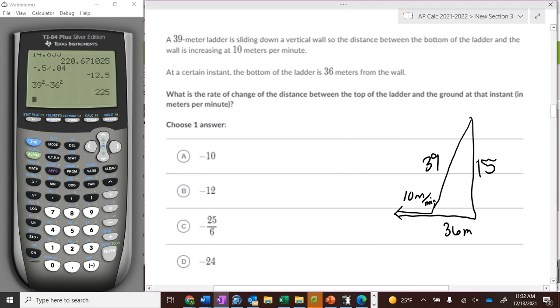We want to find how fast it's going down here. So this is the Pythagorean theorem: C squared equals A squared plus B squared.